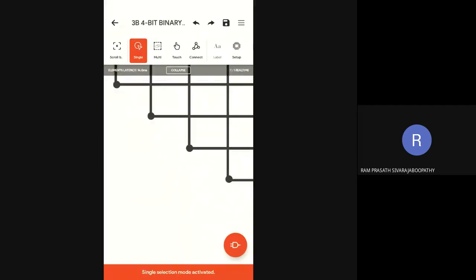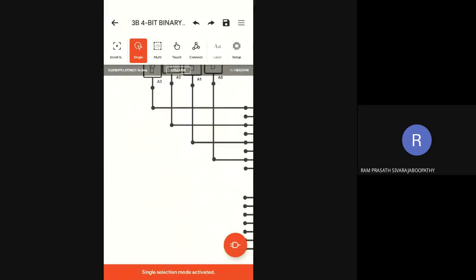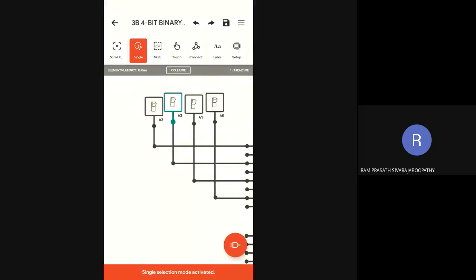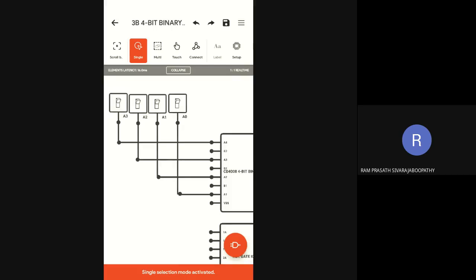Okay, fine. So A input we have provided. Next, what we have to do? We have to provide B, input B. Okay. So how we have to provide input B?